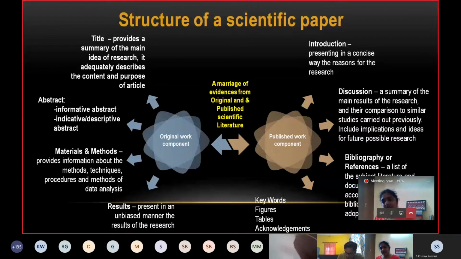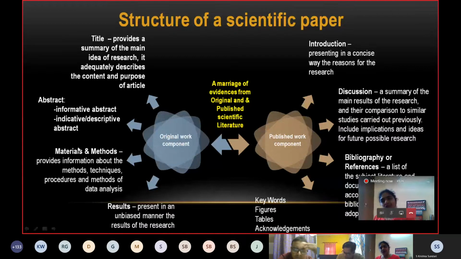The indicative abstract is a figurative or infographic based kind of abstract, where you add pictures and graphics to communicate what your paper is containing. Whereas an informative abstract is a traditional abstract where you give a brief summary of your work.